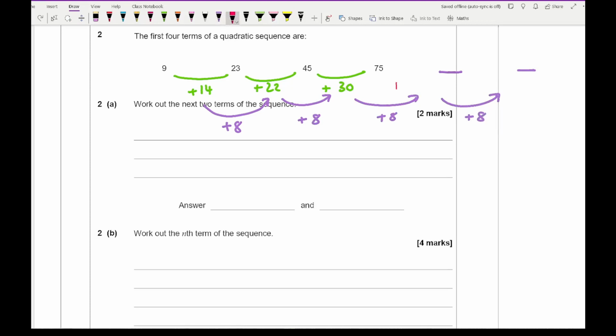So this is going to be plus 38, and this is going to be plus 46. So to work out the next 2 terms, it's going to be 75 plus 38, which is 113. And if I then do 113 plus 46, that gives me an answer of 159.